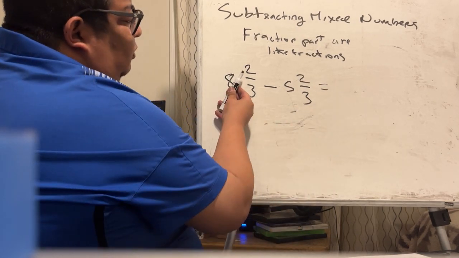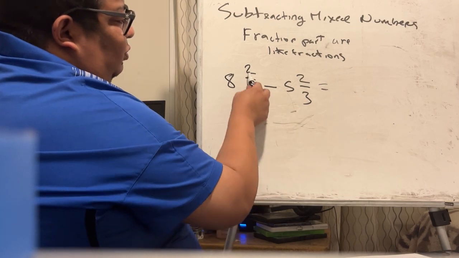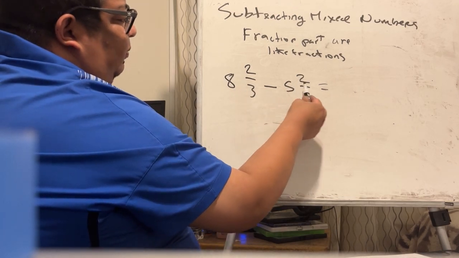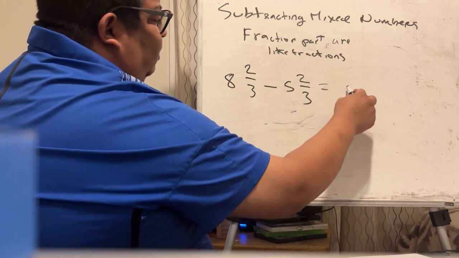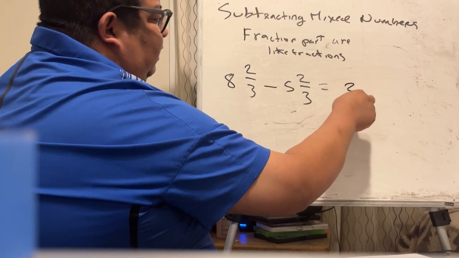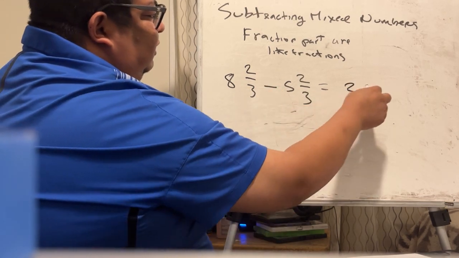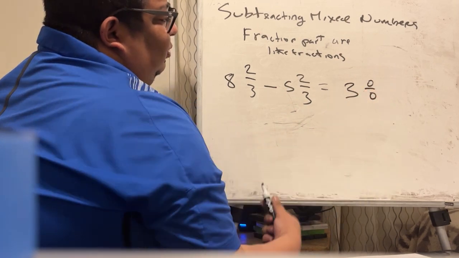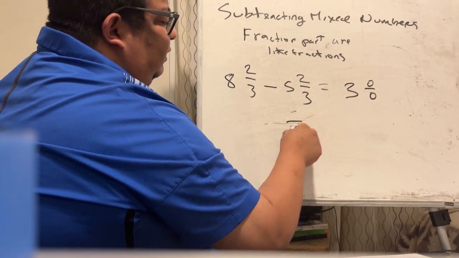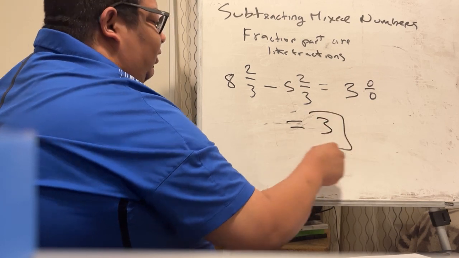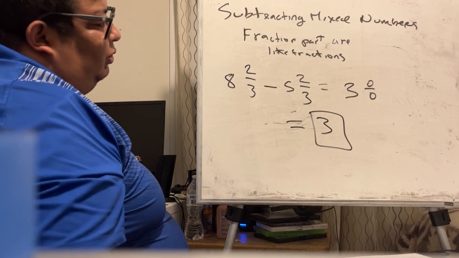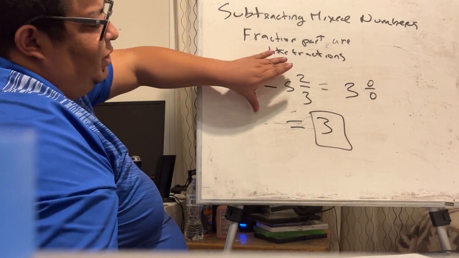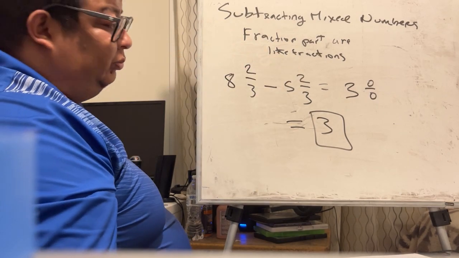Now we can subtract the fractions because 2 is larger or the same. So 8 minus 5 is 3, and then 2/3 minus 2/3 is 0. But you don't want to write that 0, so the final answer is just 3. That's a whole number. You started with mixed numbers and you end up with a whole number.